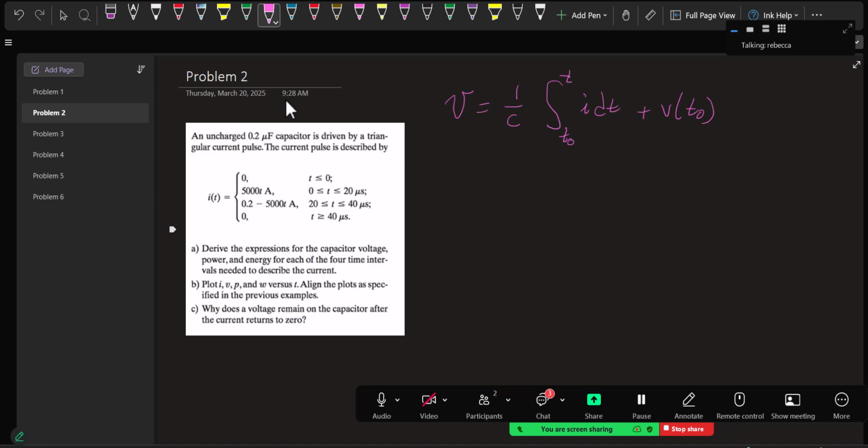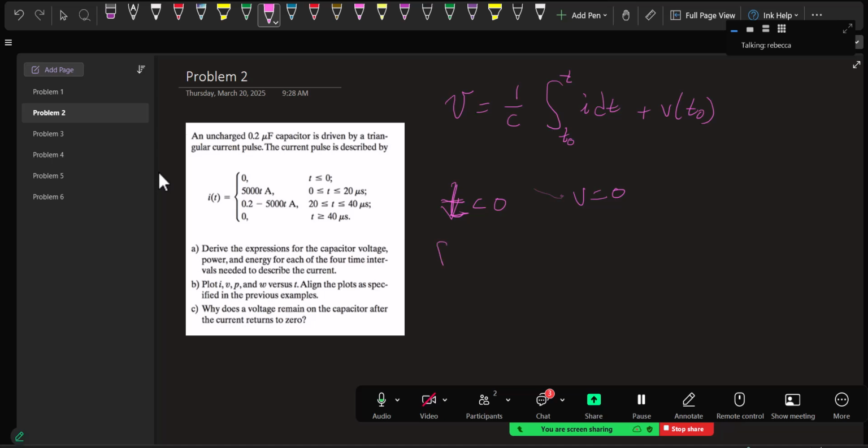For time less than 0, the integral of 0 is just 0, so v will equal 0. It was not charged at negative infinity, so we don't have to worry about that.